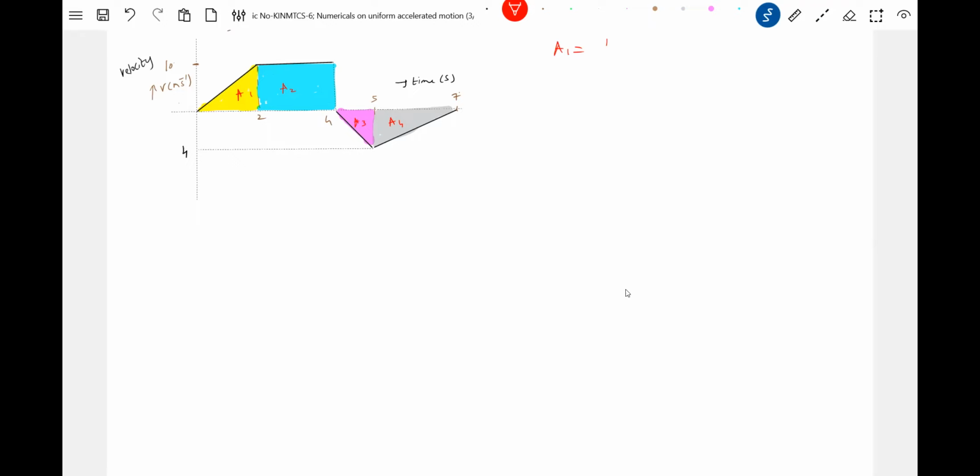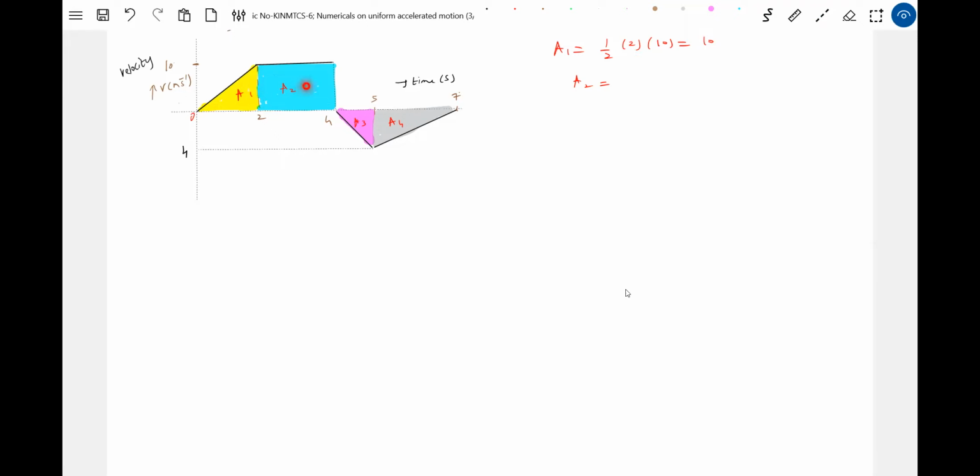A1 is half into base 2 into height 10, so it is 10. What about A2? Look here: the area of this yellow triangle. Base is 2. Height is how much? 10. So half into base into height.